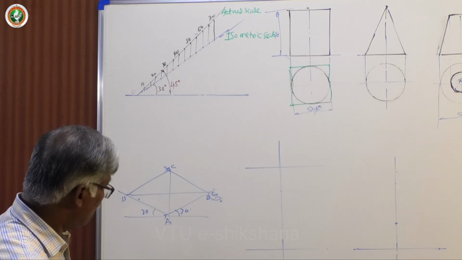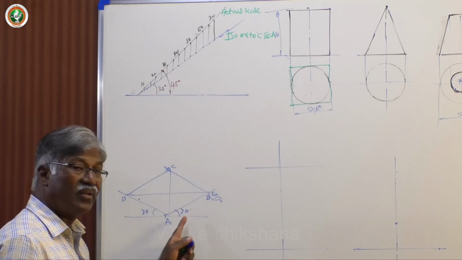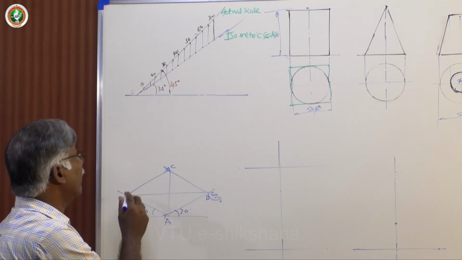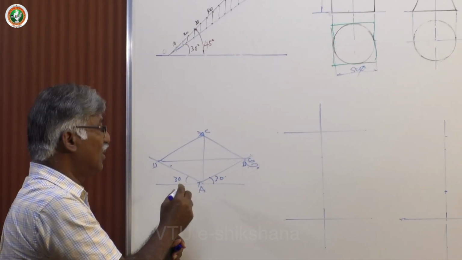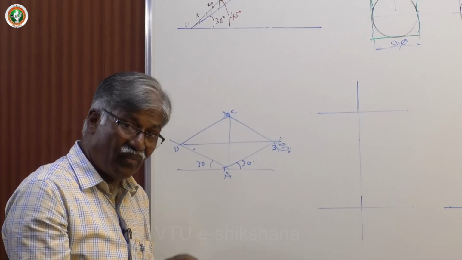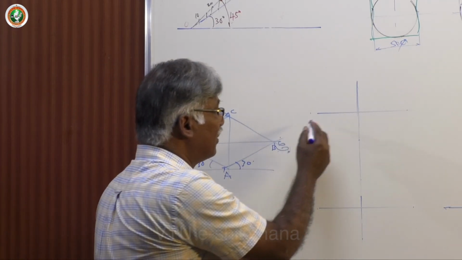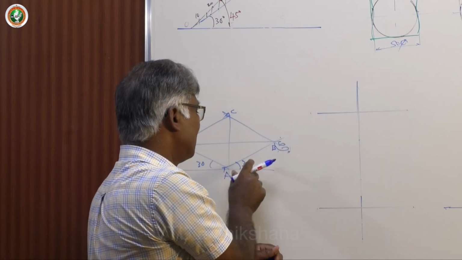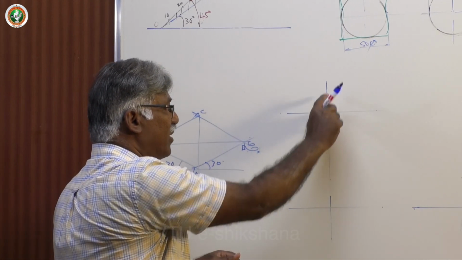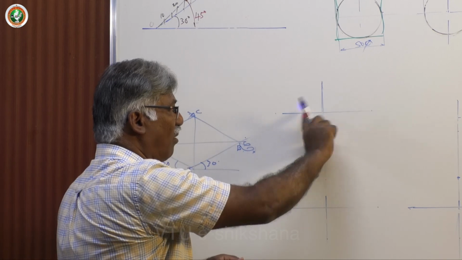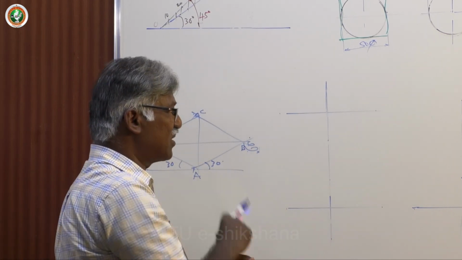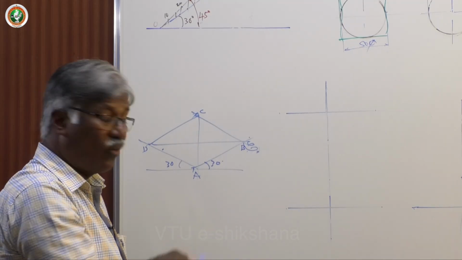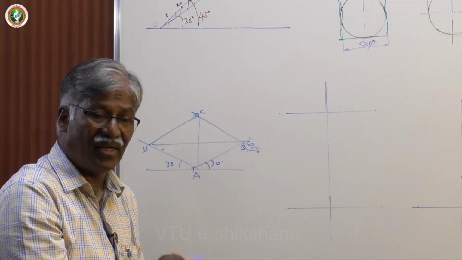Now to get isometric projection of the circular surface, I have to draw 50 mm, 50 mm either side and also draw parallels, or if you are doing manually, keep a plus mark and then take half of the side, either side you mark from this center, then take total, draw arc. This we have discussed in the last session. Same thing let us do here. And how to complete the circular lamina, that is ellipse, I will tell you here.